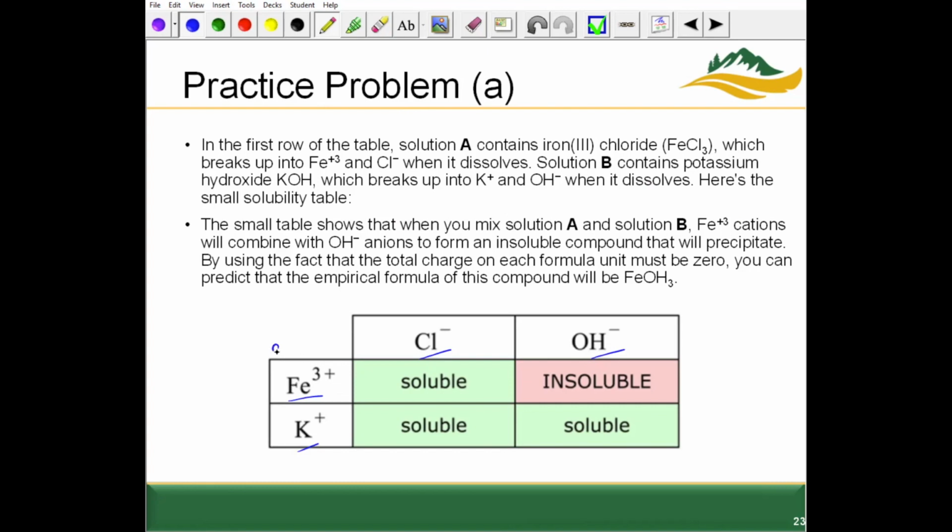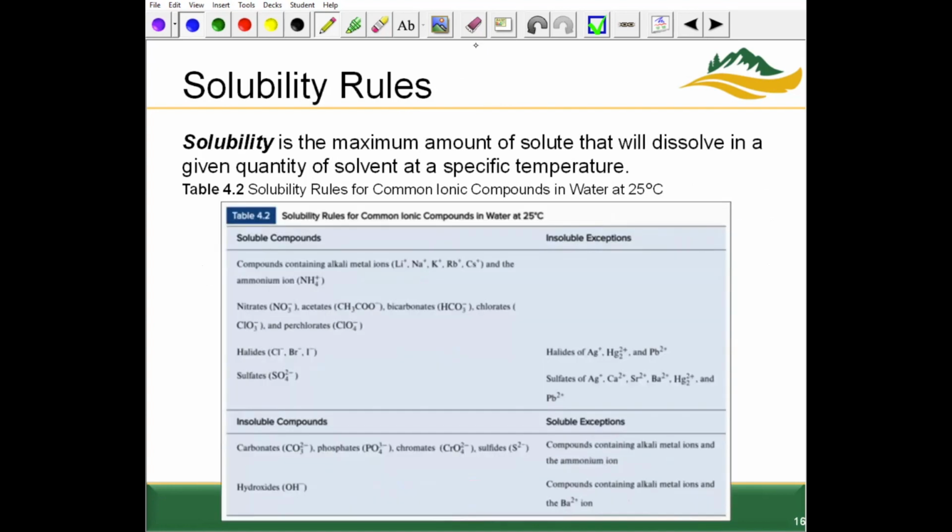Here are all of our cations in this mixture of A and B. Here are our anions. Now with this kind of table, we can say, is Fe3+ and Cl-, is that an insoluble or soluble combination?